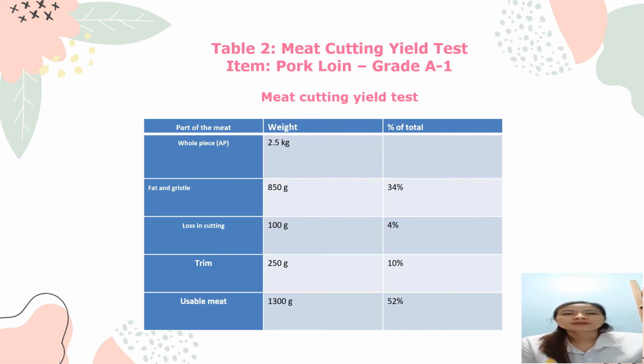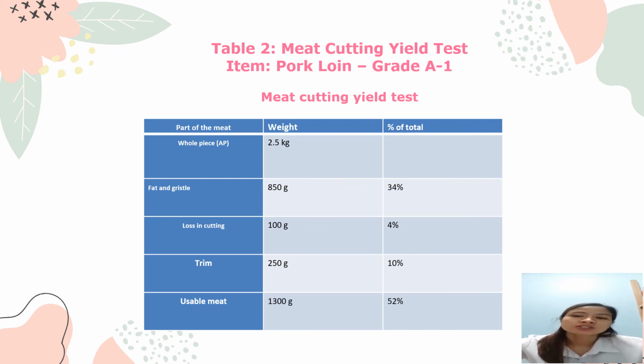So, we have the last slides. Table 2, meat cutting yield test. Item, pork loin, and grade A1. Meat cutting yield. This table shows an example of how the yield percentage is used in real settings of the food and beverage industry.